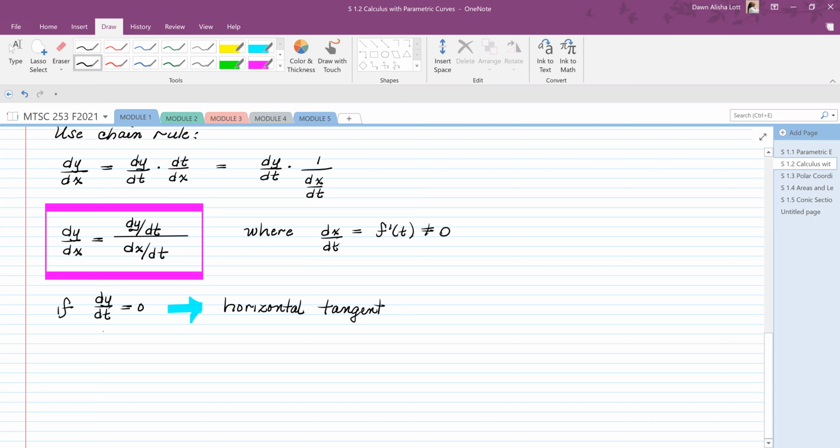And if dx dt is equal to 0, you're going to have a vertical tangent. Okay, so this is fairly easy.